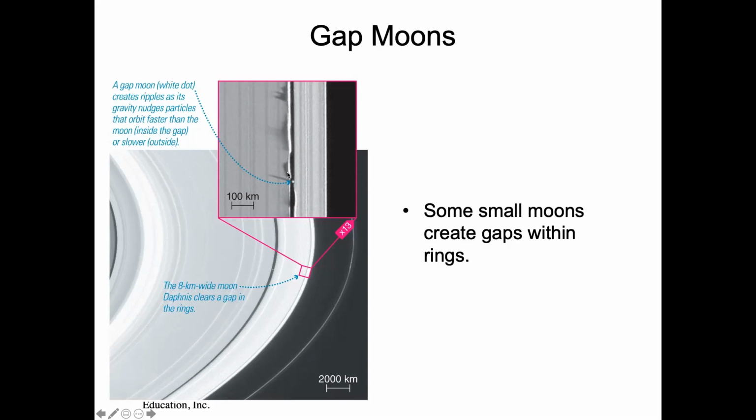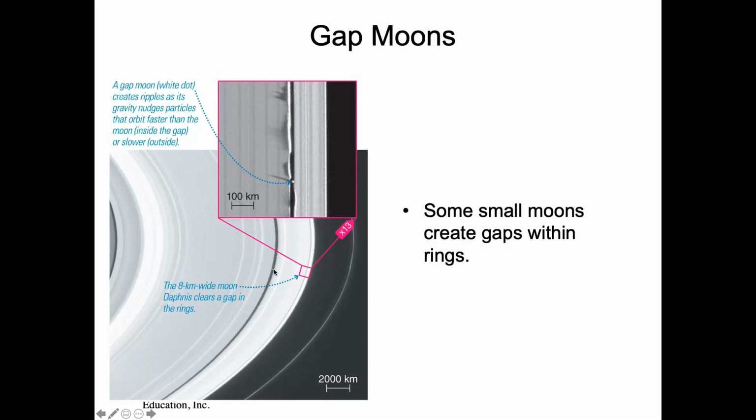Remember Kepler's law, the things that are closer in tend to orbit faster. So the gravity from this little gap moon is pulling back, and it's causing these periodic ripples. And we're getting something similar on the outside, where the gap moon is moving faster than the outer part of the ring. And so you're also getting a little bit of rippling.